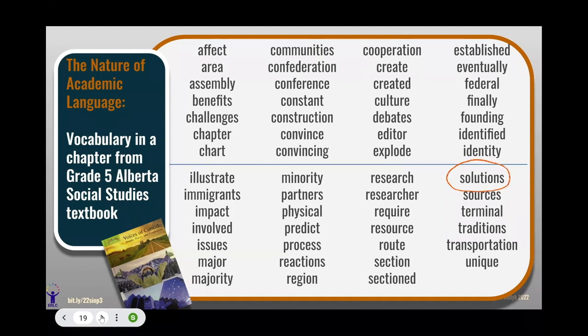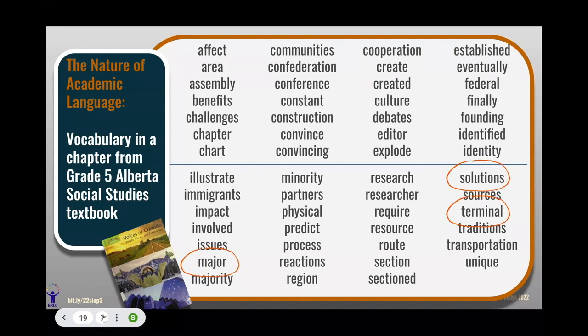Or major: you have Major League Baseball, Major League Soccer, a major in the Army, a major key in music, or your particular focus. My major is education. There are so many different multiple meanings, so which one do I need to pay attention to, and making that apparent for students.